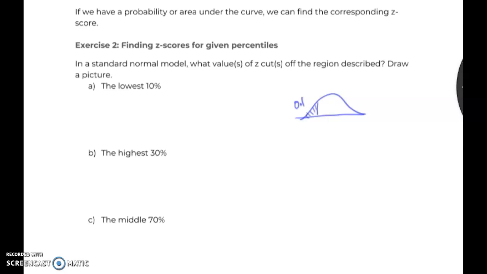0.1. Our z-scores we find on the left side and the top of our table, and our probabilities, which equate to our areas, we find underneath the curve. So we're going to have to look in the center of our table and find a number that's as close as possible to 0.1 in order to find the z-score associated with it.